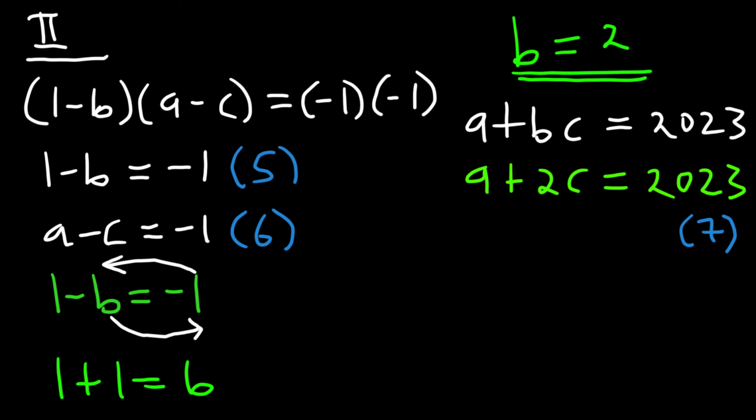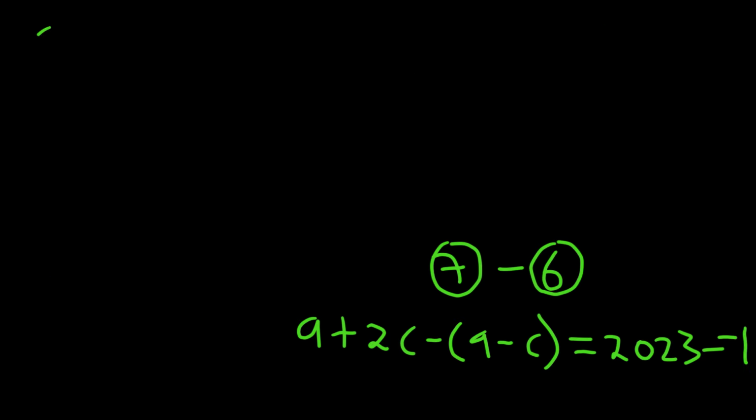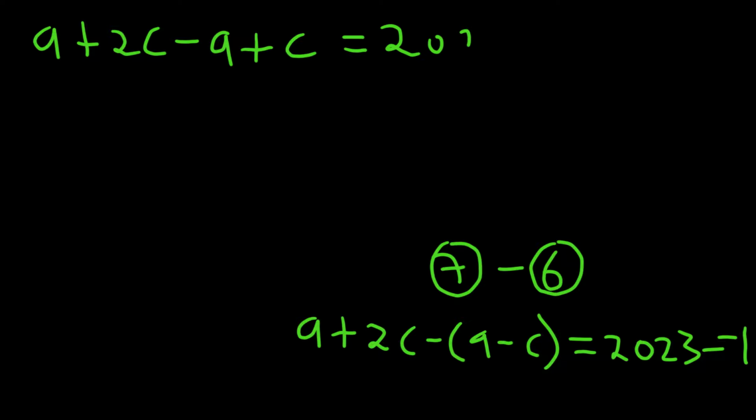So we shall have equation 7 minus equation 6. On the left hand side we shall have a plus 2c minus a minus c, and this will be equal to 2023 minus -1. So this will give us a plus 2c minus, if we expand this, we shall have a plus c, and this will be equal to 2024.